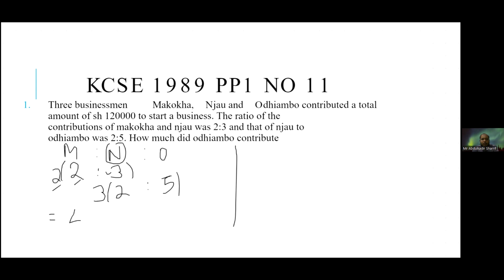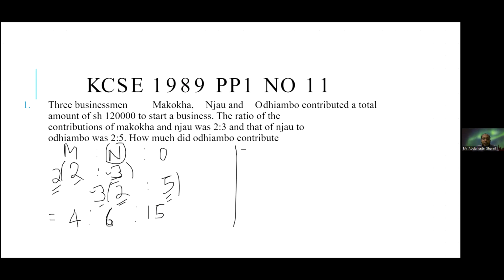So Makoha hakuna 4, Njao hakuna 6. Sasa ile ya chini pia ikichukua 2 times 3 bado itanipa 6, kwa sababu ni ule Njao. So haina maana uandike 6 ingine tena. Na ukichukua 5 times 3 utapata 15. So the ratio of Makoha to Njau to Odhiambo ni 4:6:15. Tayari iko simplified.